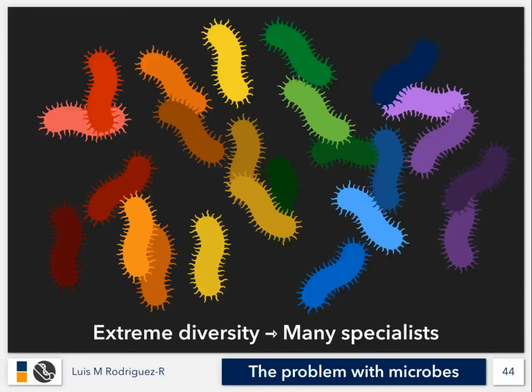The problem with microbes, though, is that we have this extreme diversity. Of course, that's a problem for us ecologists. For microbes, it's fantastic because they have so much diversity. They actually have way too many specialists. So if you think about this problem of having too much diversity for us ecologists, the extreme diversity means that you have specialists for pretty much anything.